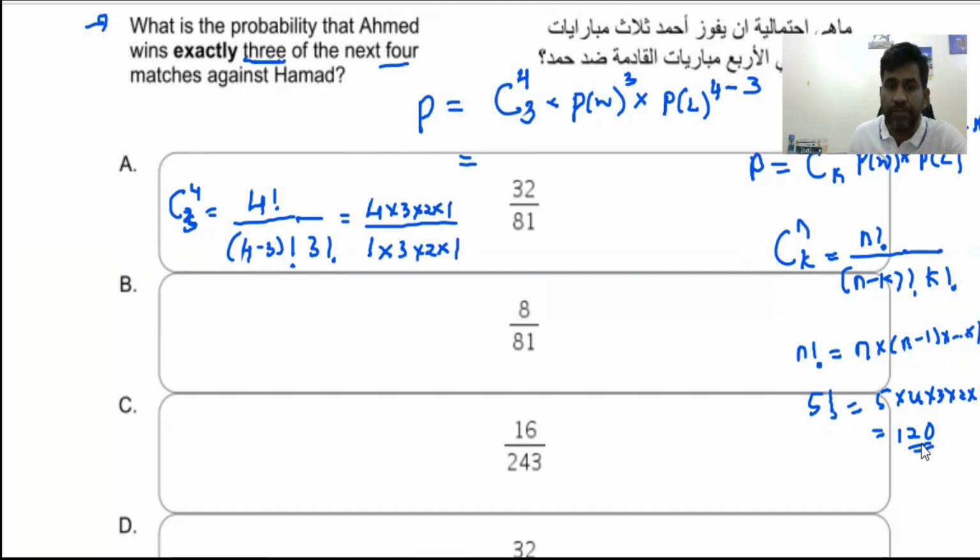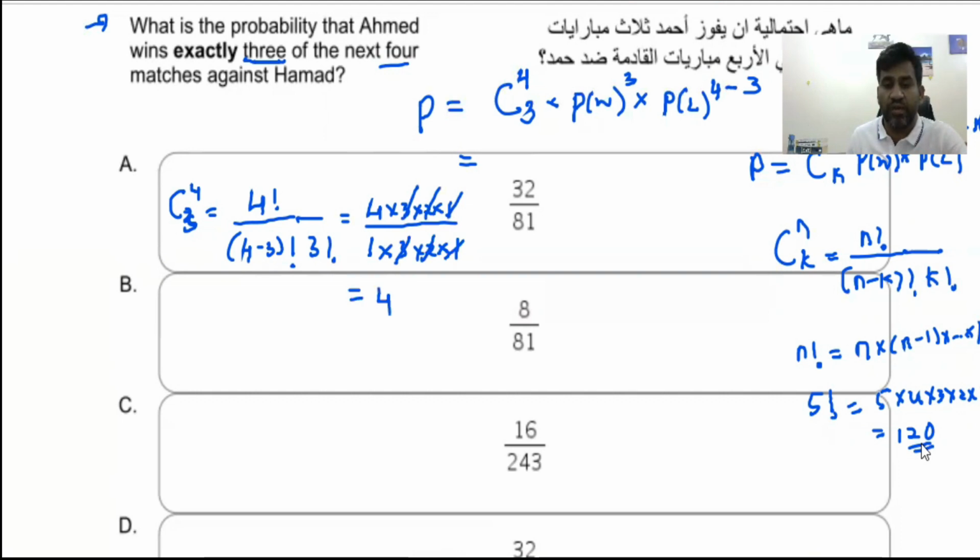Now simplify: 3 and 3 get cancelled because they are in the numerator and the denominator, and 2 and 2 get cancelled out. Any number divided by 1 is the number itself, so the value of 4C3 gives you 4.